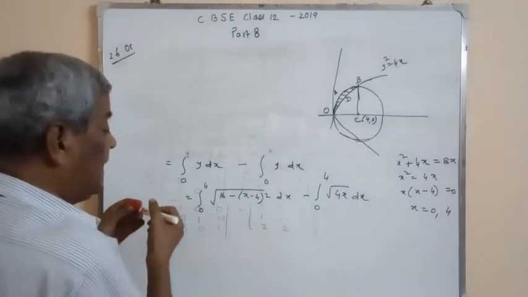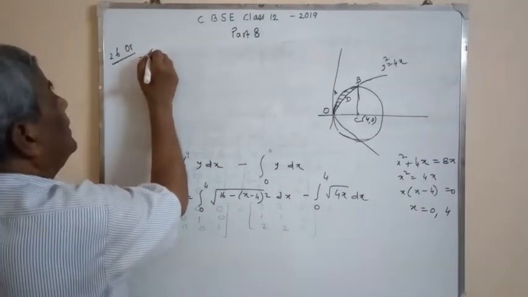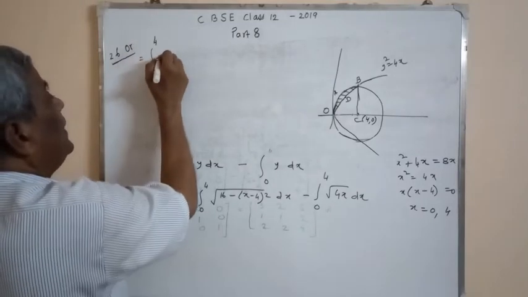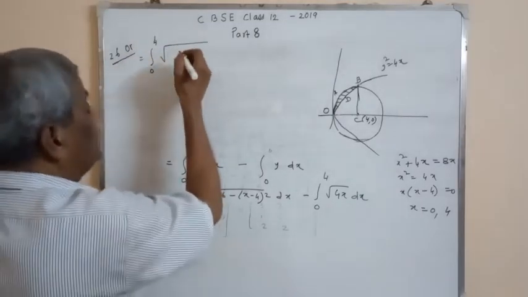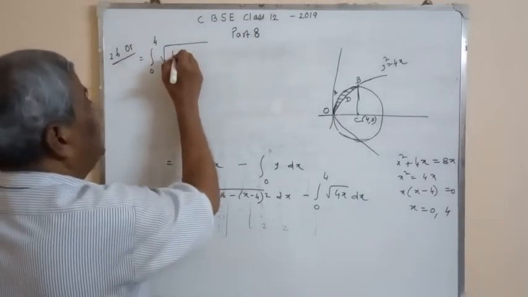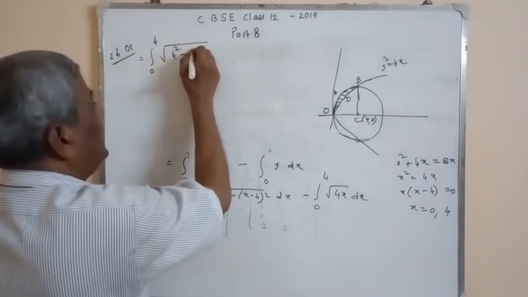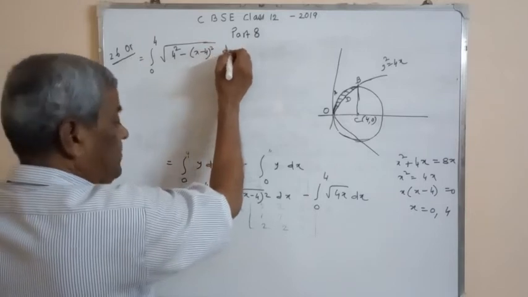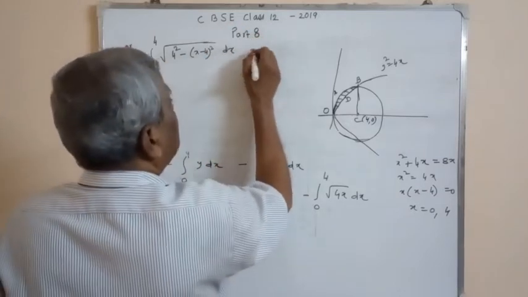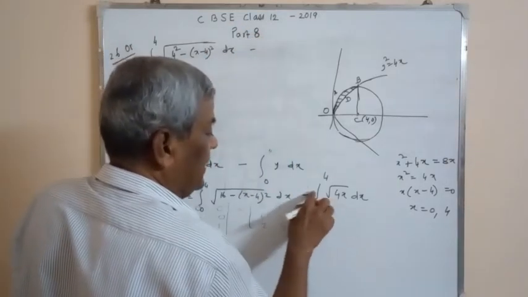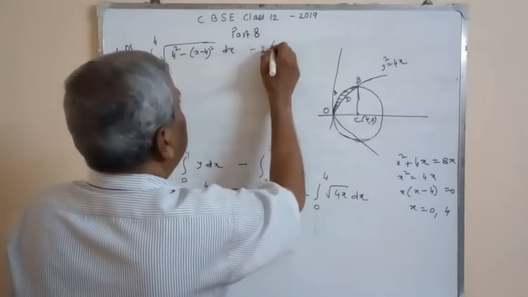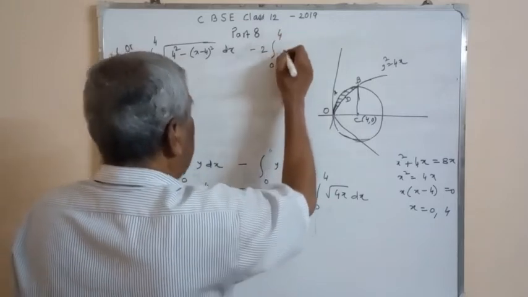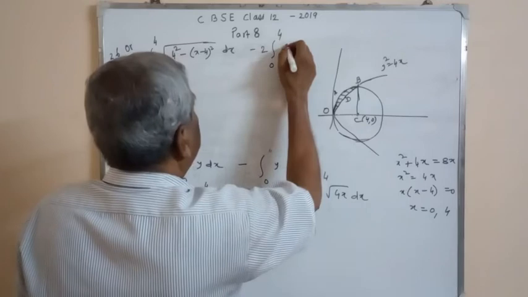For this, it is actually equal to the integral from 0 to 4 of root over (x square minus x minus 4 whole square) dx, minus, this 4 can be taken outside and it is 2, the integral from 0 to 4 of root x dx.